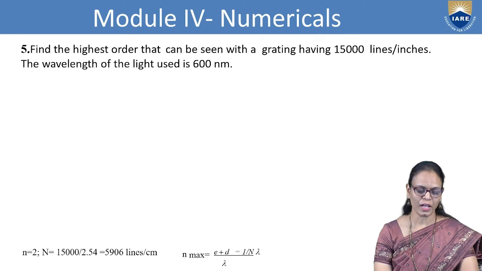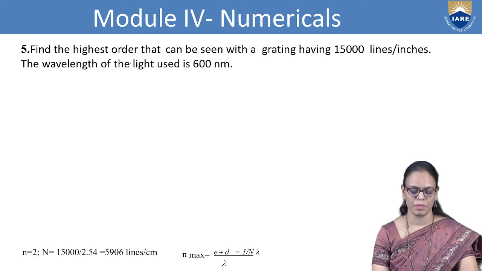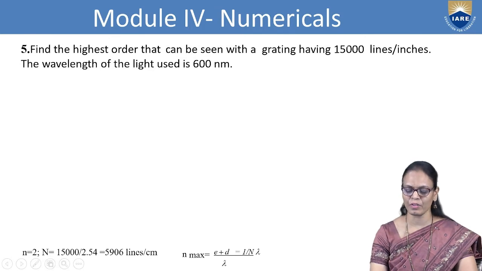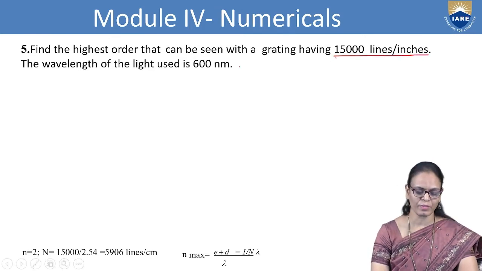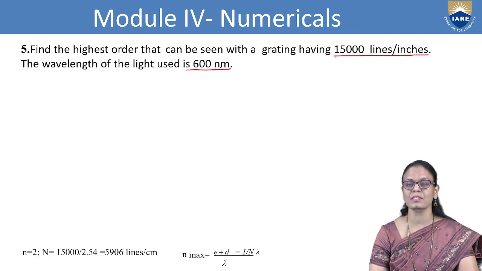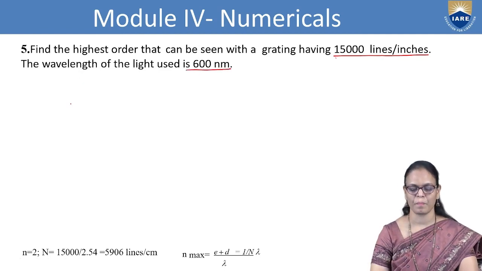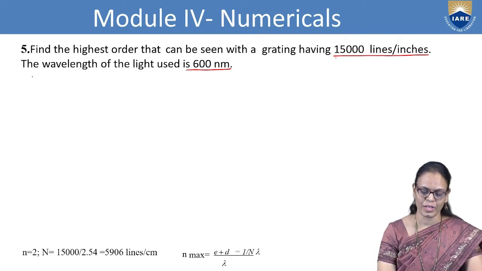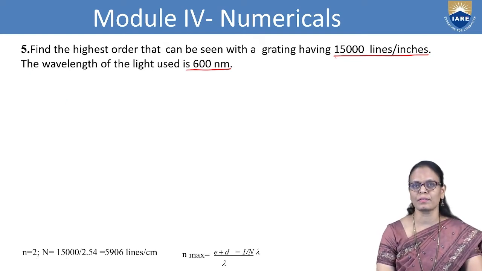Next, find the highest order that can be seen with a grating having 15,000 lines per inch, where the wavelength of light used is 600 nanometer. So what we are going to do here is convert these inches into centimeter.